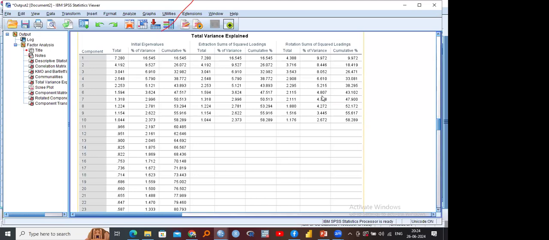Now there is one question which says it has reduced from 16 to 9, so how is it maximizing? For the first component it has reduced from 16 to 9, but for other components it has increased. To increase one, you have to reduce another. You have to reach an optimum number.